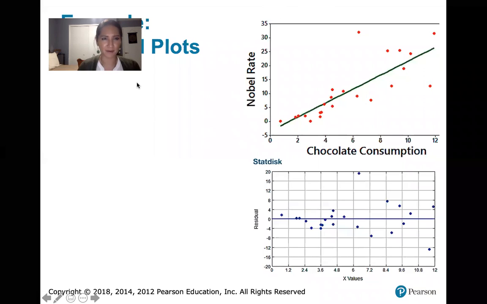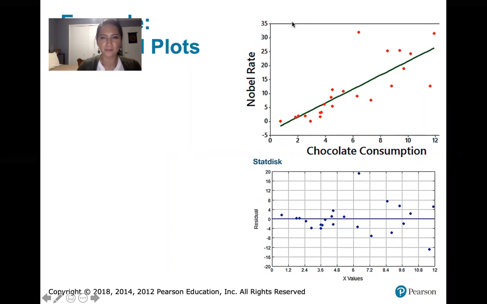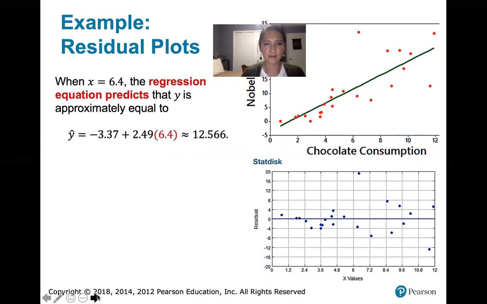Just for example, let's look at a particular x value. When x is 6.4, according to the regression equation associated with that chocolate consumption versus Nobel rate data, we had y hat equals negative 3.37 plus 2.49 times x.